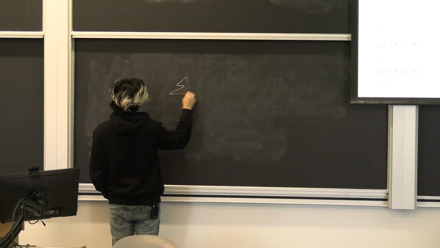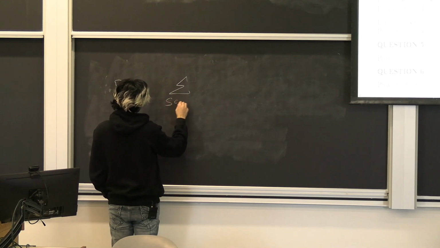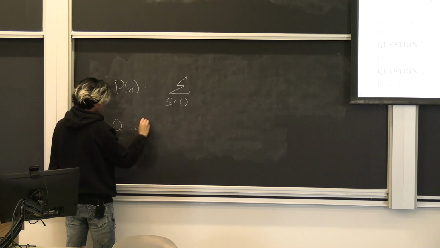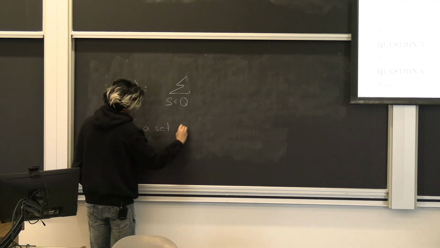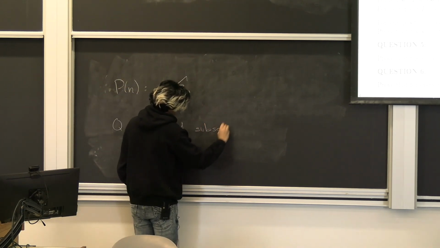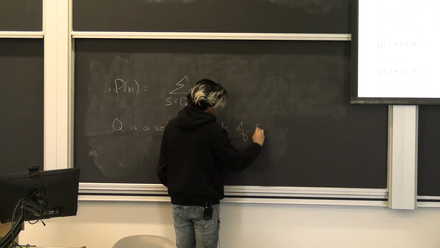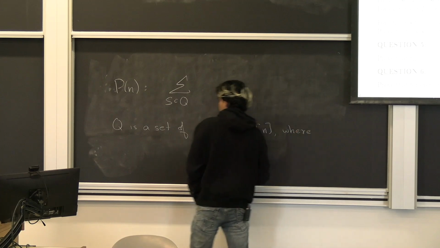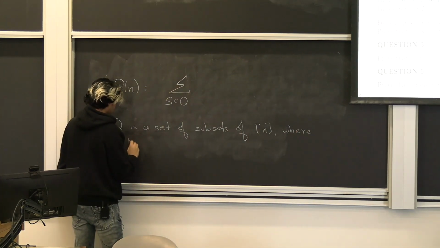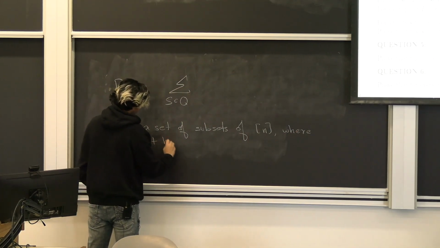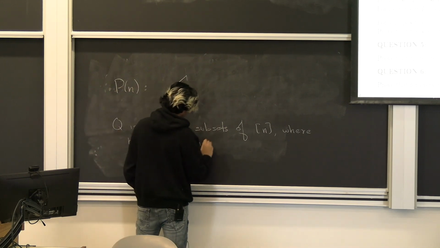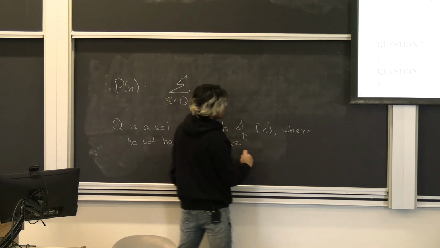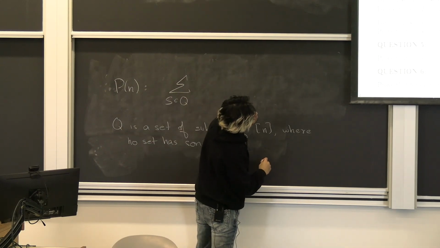So the sum over all subsets in, let's call it Q. Q is a set of subsets of n where no set has consecutive integers.